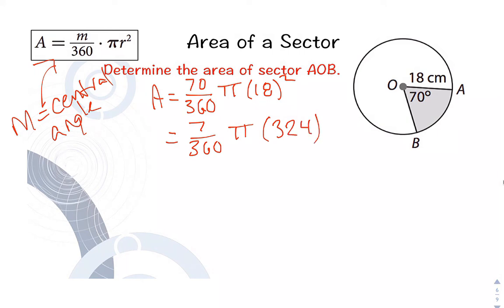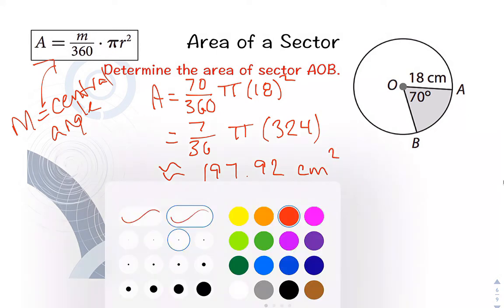I would suggest at least break it down to there, and now I could plop things into my calculator. So this is approximately, if I do 7 over 36 times pi times 324, our answer here is approximately 197.92, and this is centimeters squared, remember area. Okay, so that's one method of doing this.